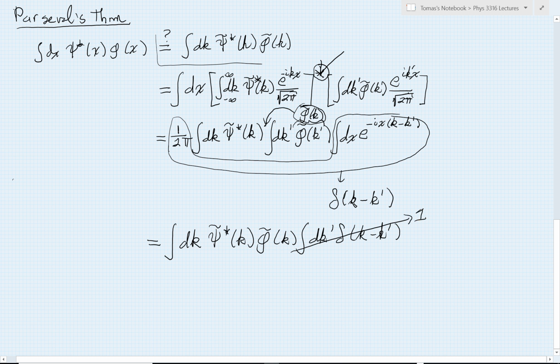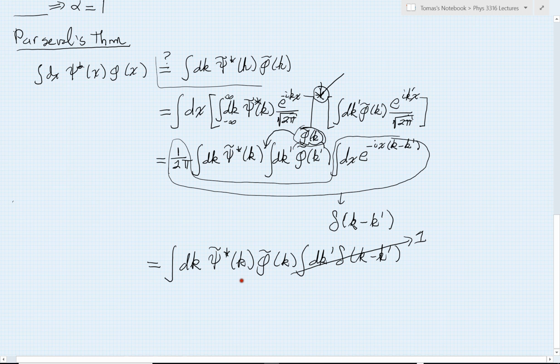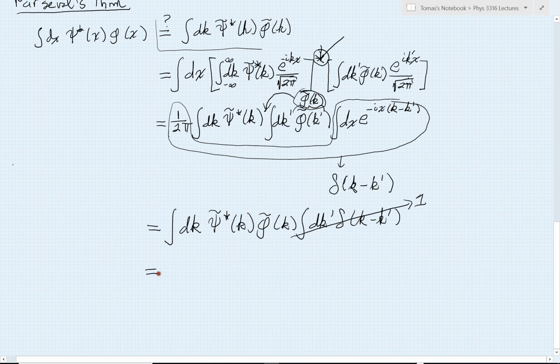And look at this. Lo and behold, what I have is just the inner product of psi tilde and phi tilde, just like I was hoping for, Parseval's theorem. If we want to translate this into inner product notation, on this side of the equation I just have the inner product of psi tilde with phi tilde. And of course, what I started out with was the inner product of psi with phi.